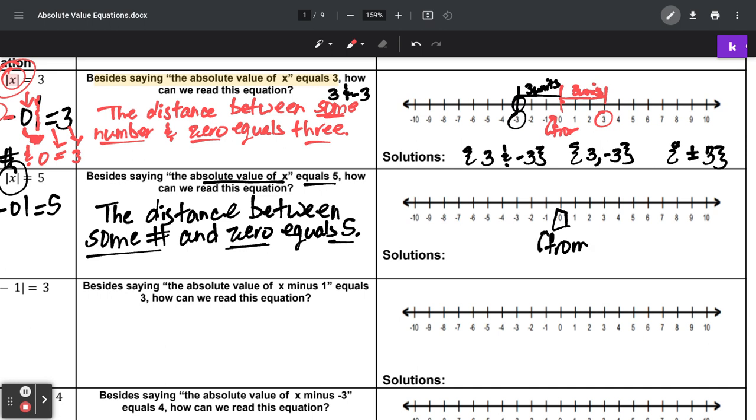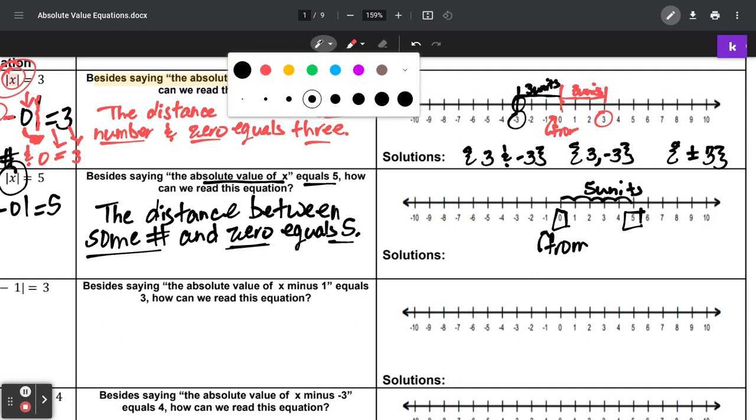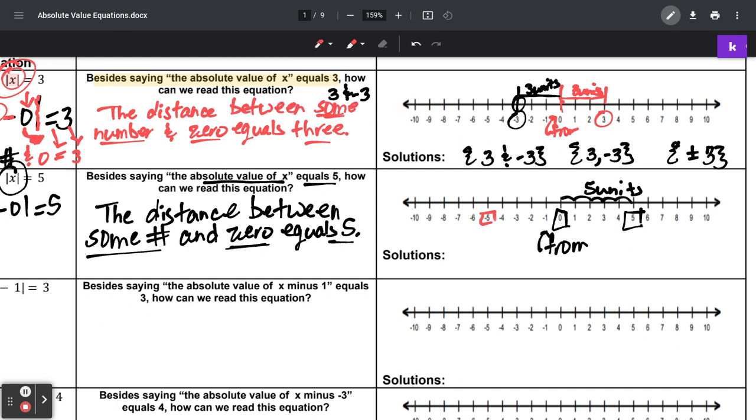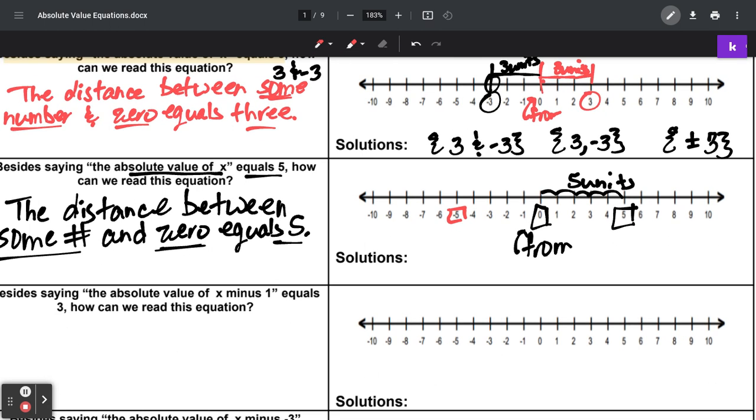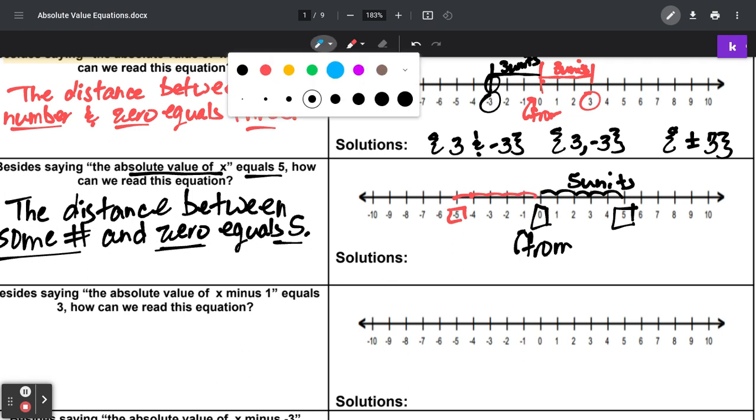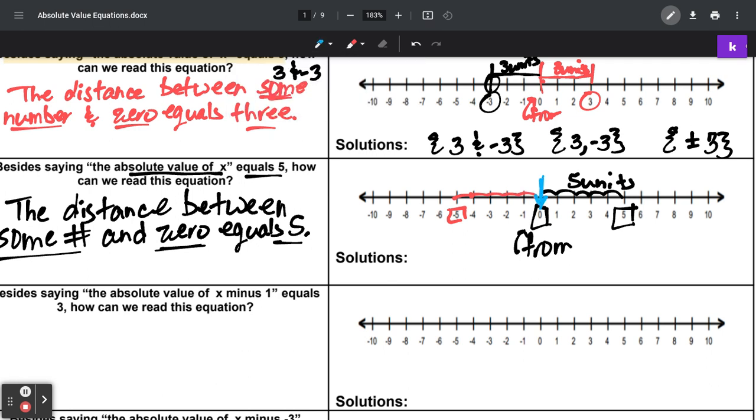Okay, so that would be the number 5. And you can see 1, 2, 3, 4, 5. That's 5 units from 0. But what other number is also 5 units from 0? Well, that would be -5. 1, 2, 3, 4, 5. And it's all from the 0 mark, okay?